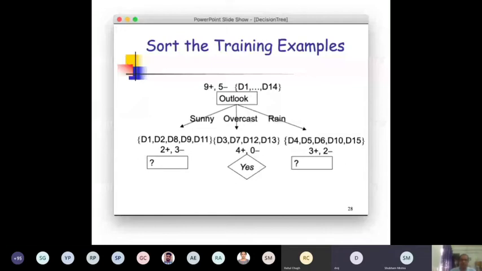So you don't need to split any more. This is a pure node. So you do not split it. You just give the label of the instances, because all have the same label. So you label that node by the label of the instances, which is a positive label, meaning yes in our case.